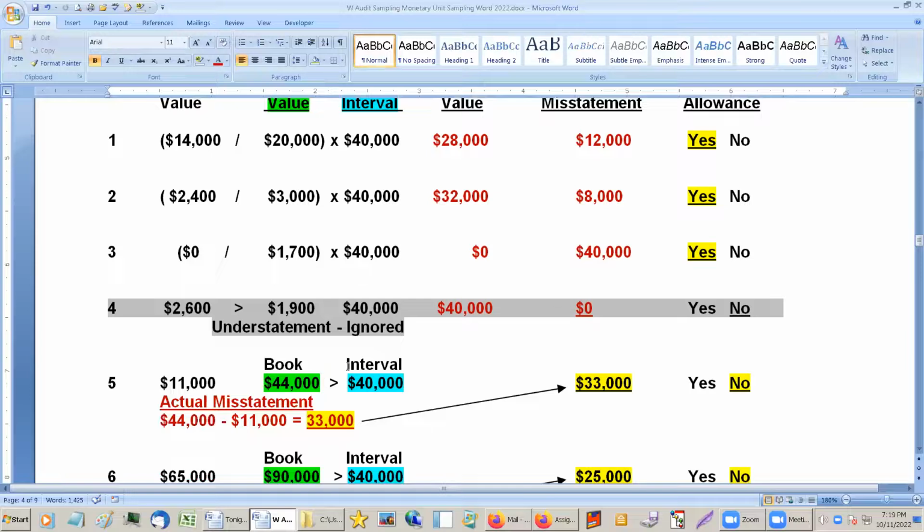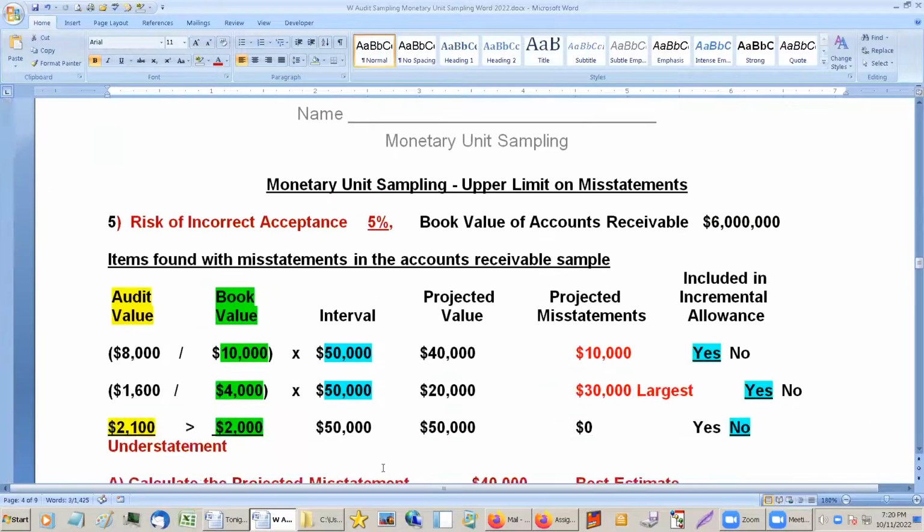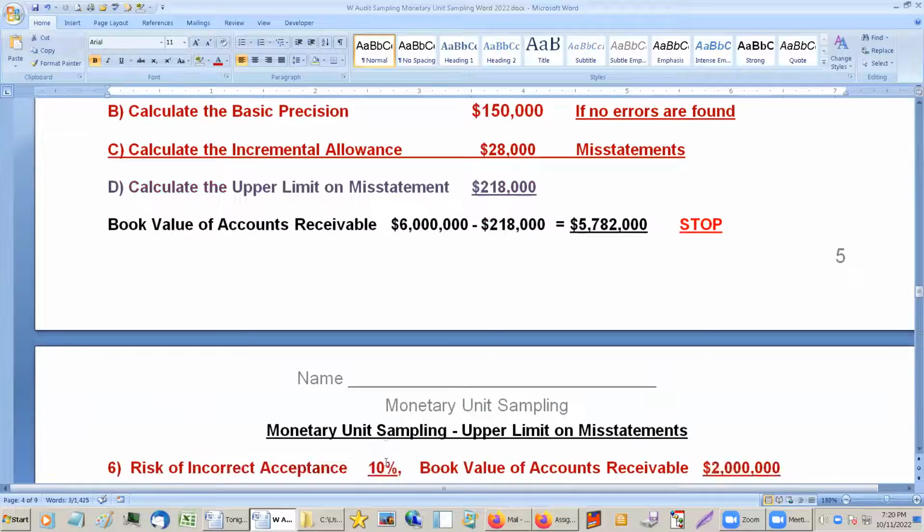Down here, because it's limited to this interval, there can't be any more in this interval. That's the entire population is covered by your one item. Can't go any worse, so it is not included in the allowance. And again, even if they get really big, this one crosses 2 intervals, maybe even 3. Same idea, that it covers the entire interval. Okay, so let's go down here.